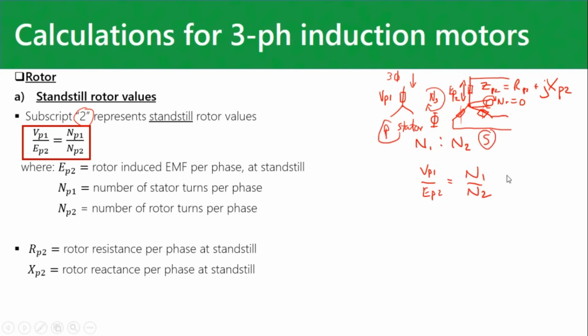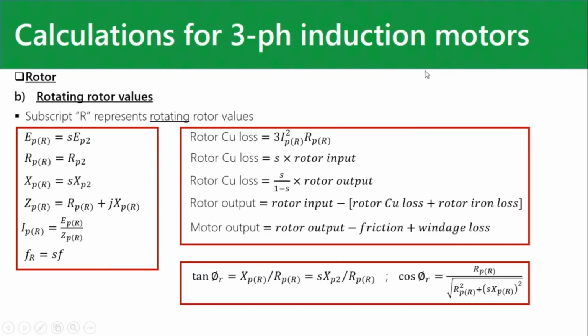That's fine while the induction motor's at standstill, but hopefully it's going to rotate. Rotating rotor values have the subscript R. When the rotor starts to turn, the EMF in the rotor changes by multiplying it by the slip.